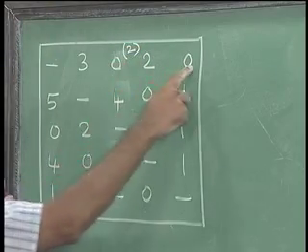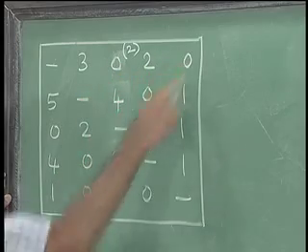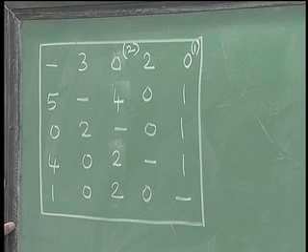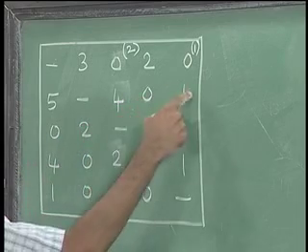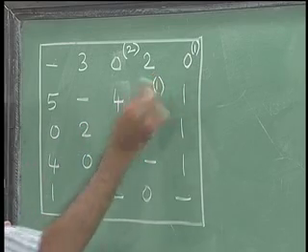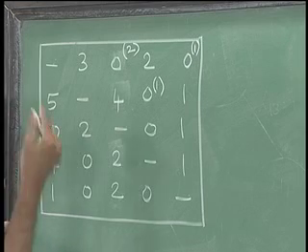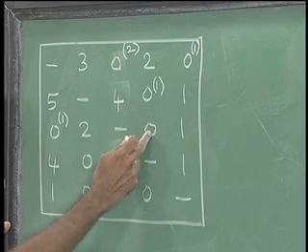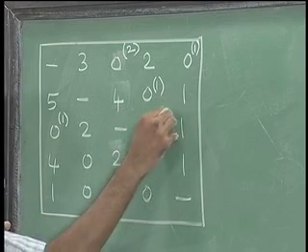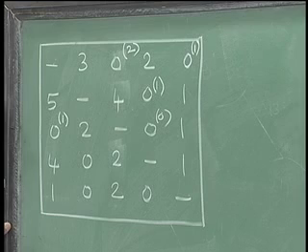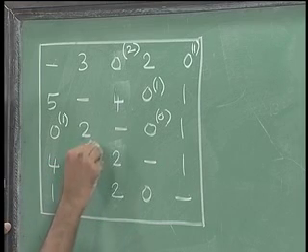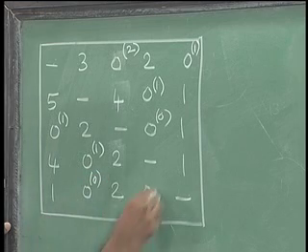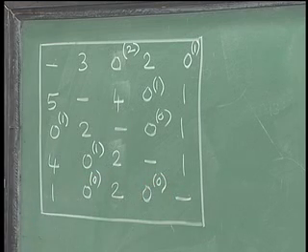If we take this 0, the row penalty is 0, the column penalty is 1. So, we get a 1 here for the penalties. Now, for this we get a 1 plus 0, so you get a penalty of 1. For this we get 1 plus 0, so penalty of 1. Here the penalty is 0 because it is 0 plus 0. Here the penalty is 1, here the penalty is 0, and here also the penalty is 0.